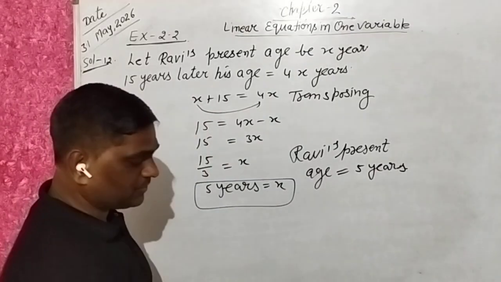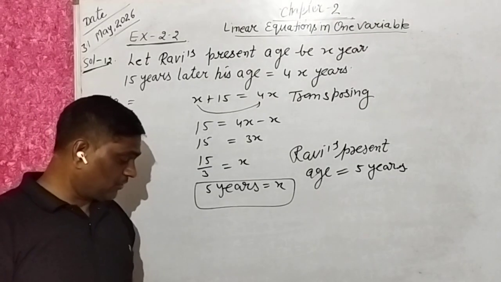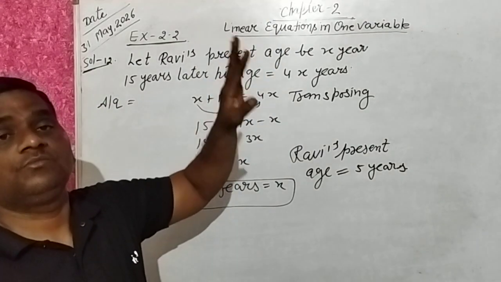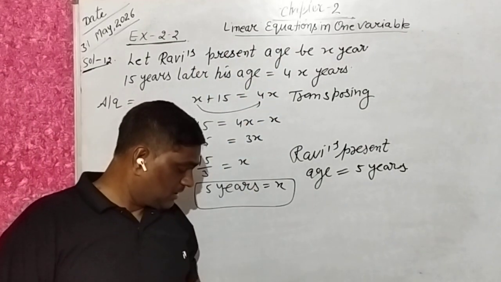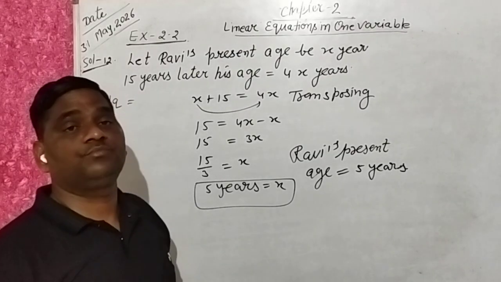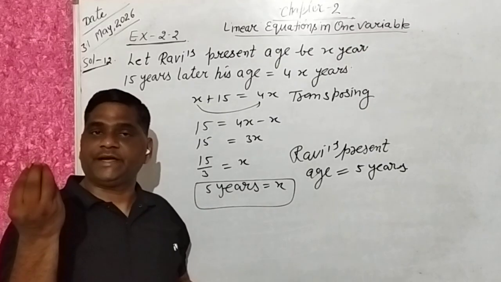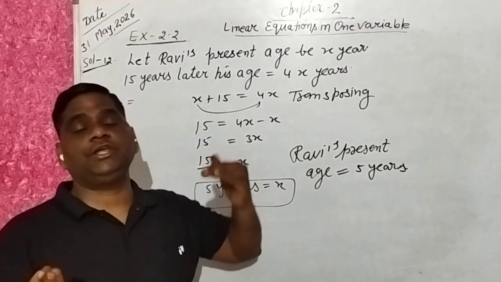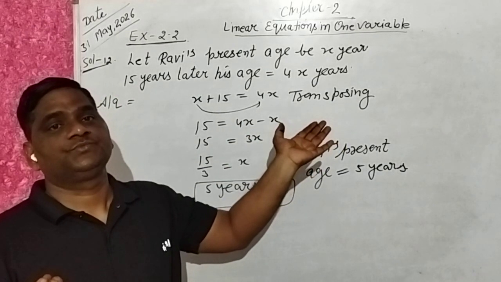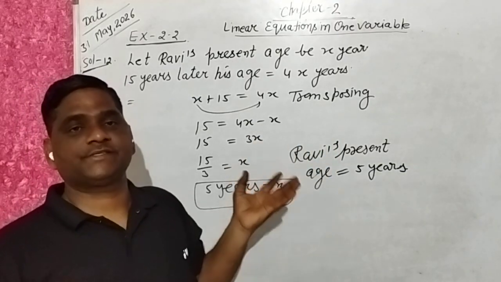Are you understand? First of all, you said 15 years from now, Ravi's age will be 4 times his present age. Let Ravi's present age be x, and 15 years later it becomes 4x.